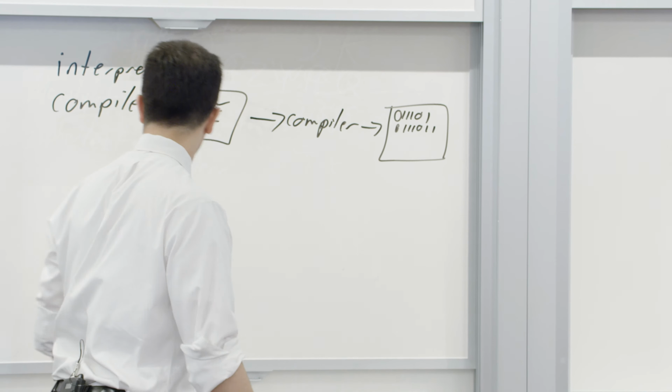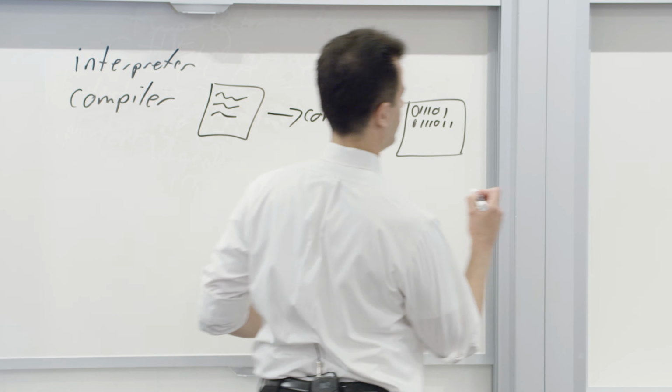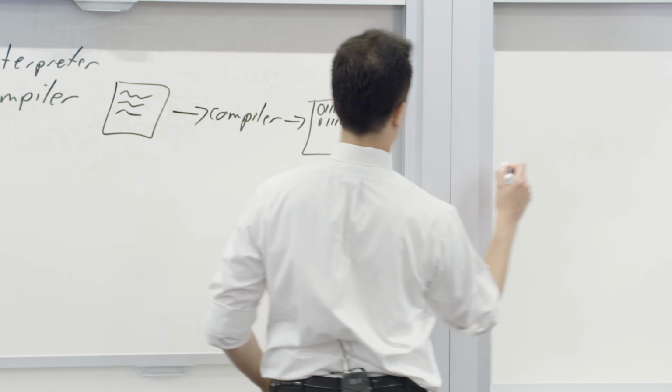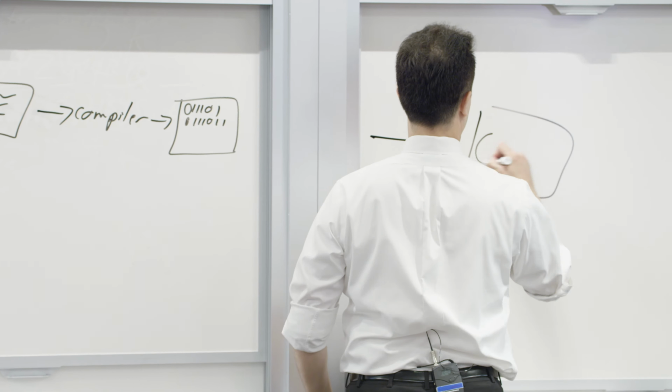An interpreted language, by contrast, rather skips this step. And actually, I didn't quite leave enough space on the board here. CPU. From there to there. An interpreted language might look the same, or rather, in a language that you're planning to interpret, you run it through an interpreter. And at the risk of oversimplifying here too, let me just say that it essentially gets run directly on the CPU.